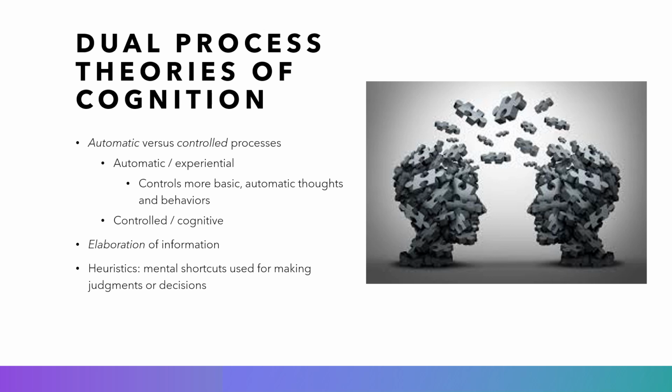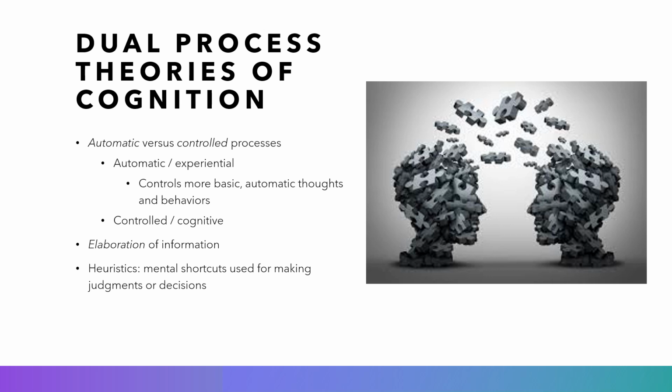These are processes that typically take a lot of thought, consideration, and are based in your logic, morals, social ideas, etc. So again, in my last example, I said that it would be an automatic process or reaction to slam on your brakes when someone cuts you off in their car. It's a more controlled process to decide then that what they did was immoral and dangerous and that you should write down their license plate number to report them to the police.